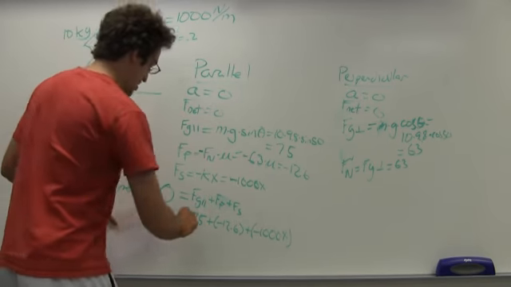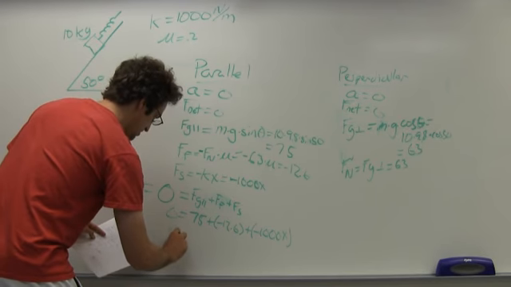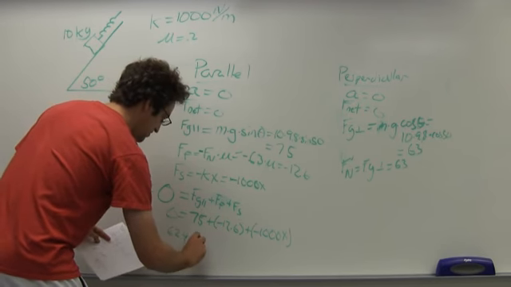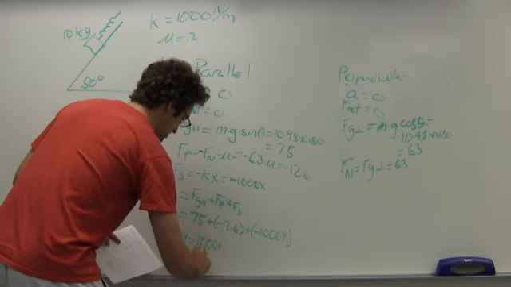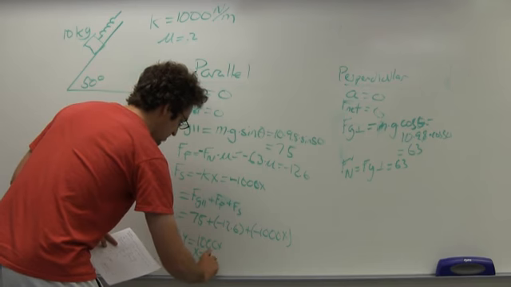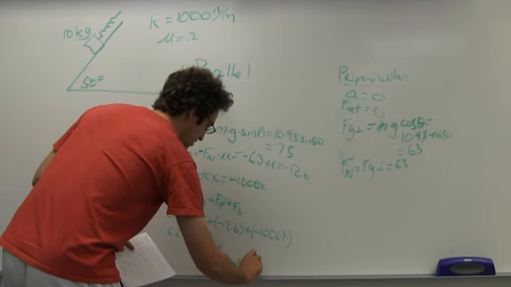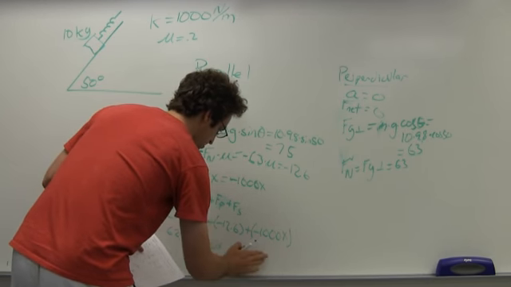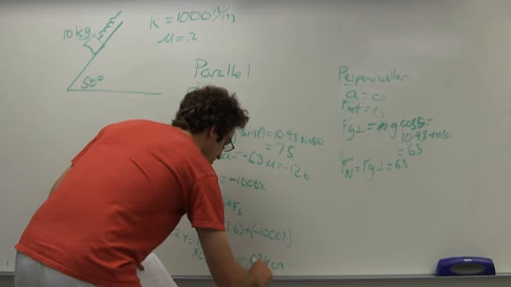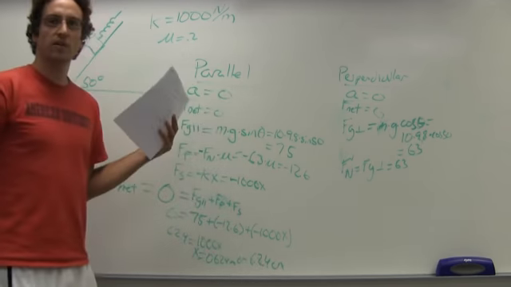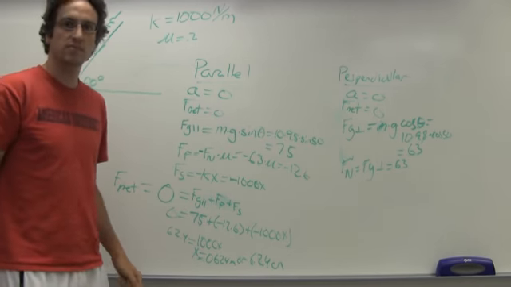That's all equal to 0 still, which should give us 62.4 equals 1,000 x, which means x is 0.0624 meters, or sorry, 6.24 centimeters. So again, we treat the spring force exactly the way we've treated other ones. It's just going to be dependent upon x. There you go.